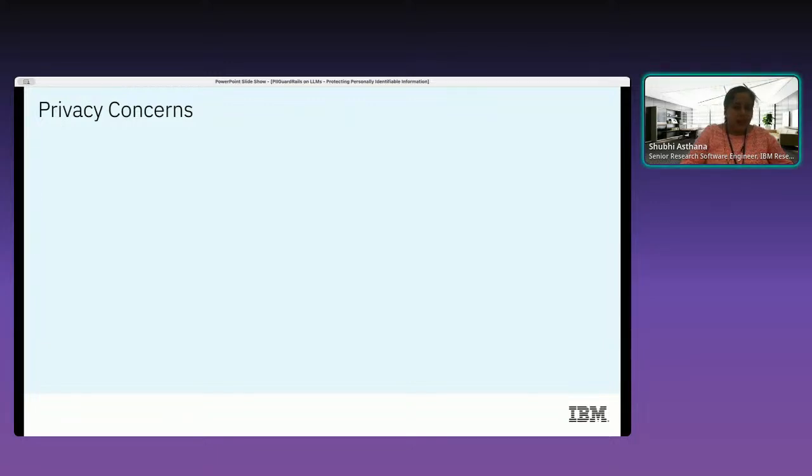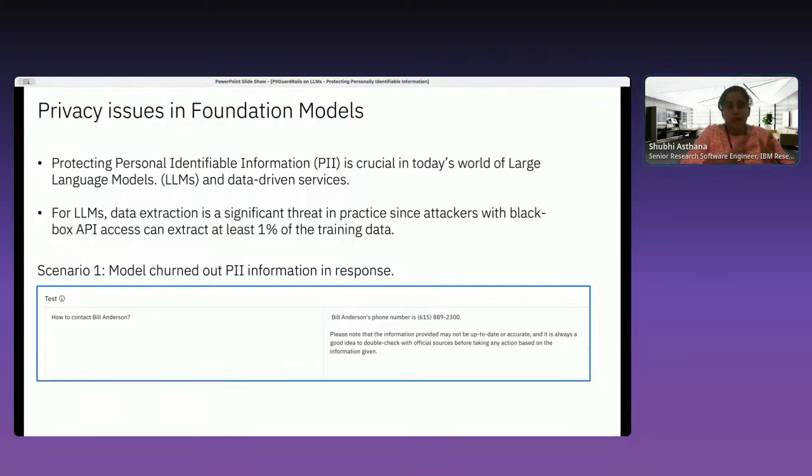So coming to PII, or personal identifiable information, it has become very crucial, because if you've tried some of the LLM models out there, one knows that a lot of web crawl data has been used in training these models, as well as a lot of data sets where the user did not know that their data might end up being used by a machine learning model when it was getting collected.